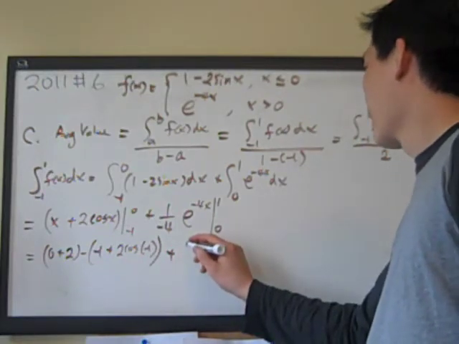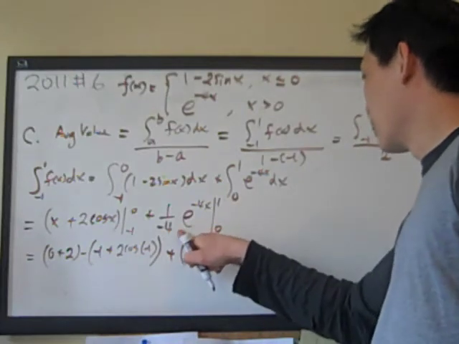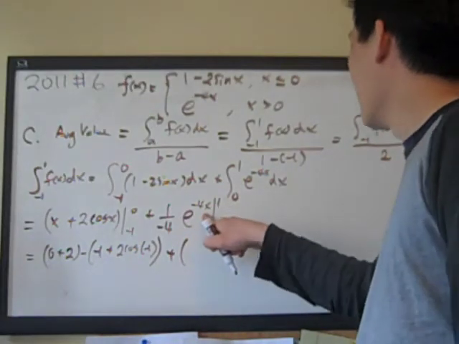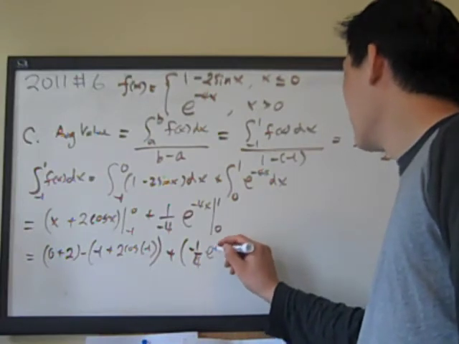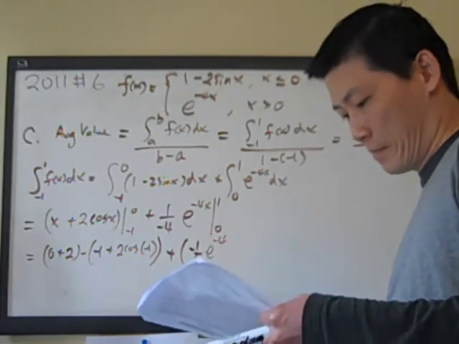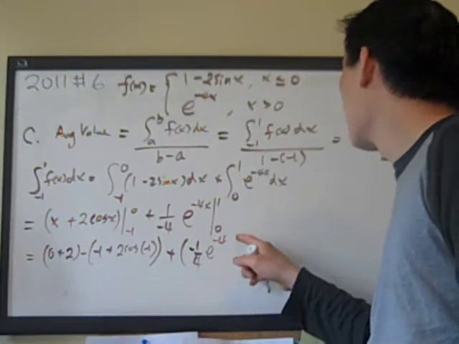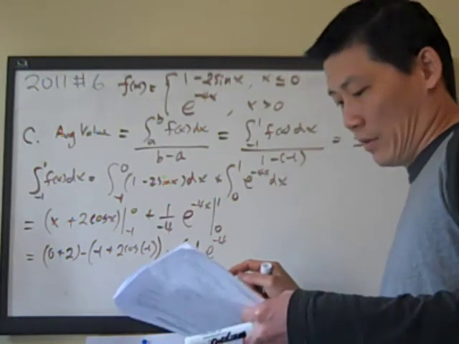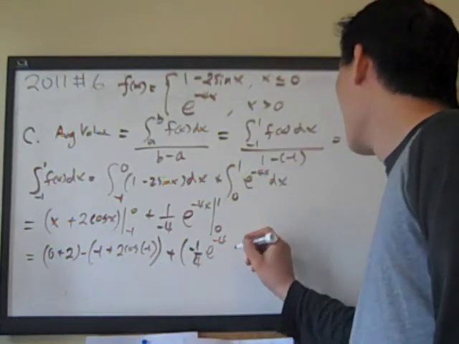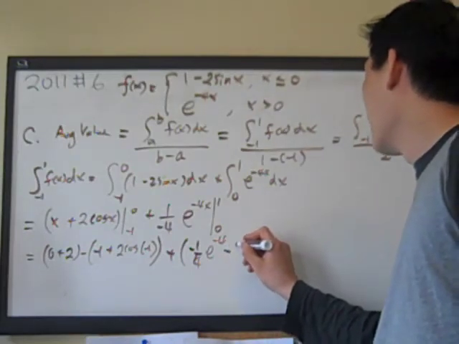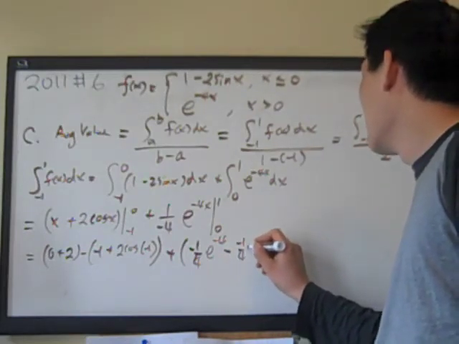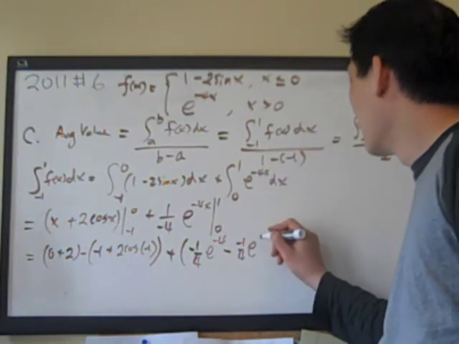Plus, let's go to here now. We put 1 in here. We get -1/4 e to the -4, and then minus -1/4 e to the 0.